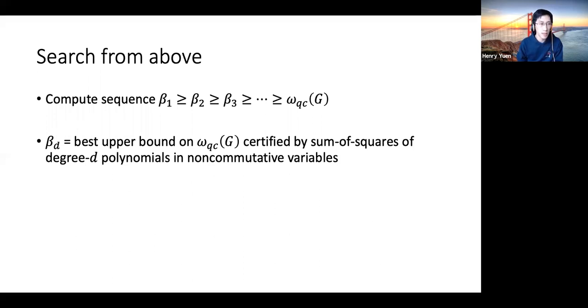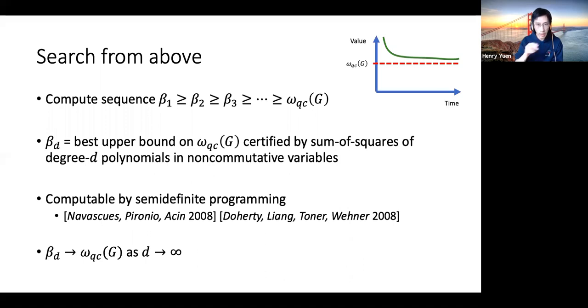So that's somewhat abstract, but the important thing is that for a fixed D, again, beta D is computable. And it's computable by something called semi-definite programming. And there's something called the NPA hierarchy that allows you to compute this number beta D. And we also know that as you increase D, the degree of the polynomials that you consider, this sequence of upper bounds converges to the commuting operator value of a game.